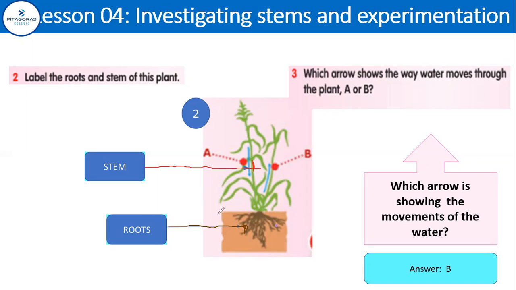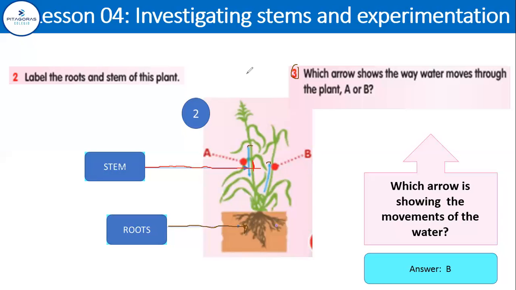So, in question number 3, which arrow shows the way water moves through the plant? ¿En cuál de estas flechas de aquí? Oh, these flechas, no, sorry, this one, esta de acá. ¿En cuál de estas flechas is the water moving?